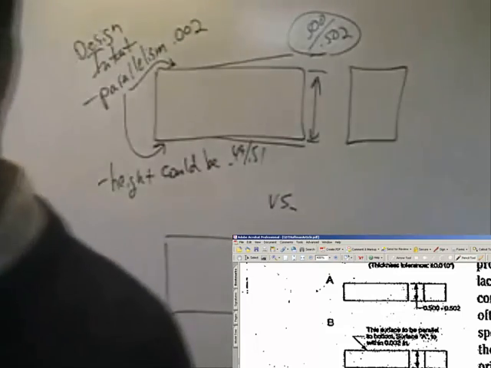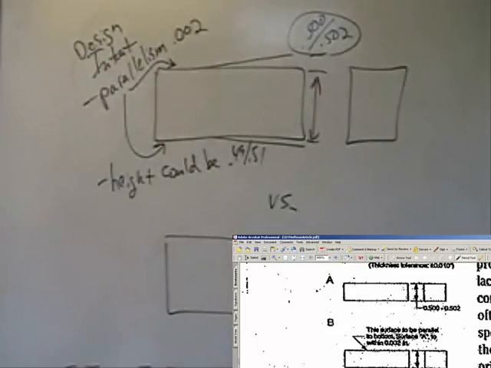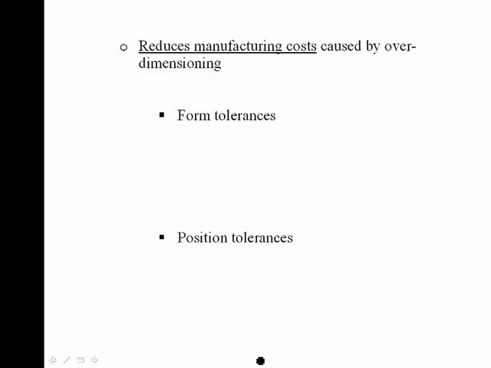Back in the notes here, they say that GD&T sometimes reduces manufacturing costs by over-dimensioning. I guess really what we want to say there, instead of dimensioning, is over-designing. Right? Designing it maybe with tolerances that are tighter than they need to be. Okay?